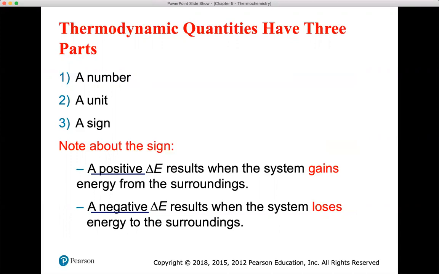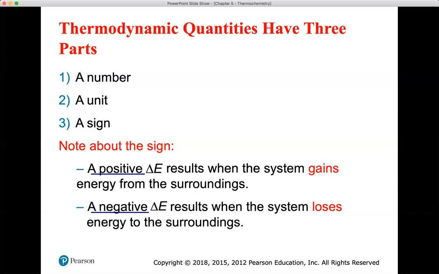In this case, so far, what we have looked at is internal energy. That is what is meant by thermodynamic terms or quantities. It is a thermodynamic term. What does positive mean? Positive means the system gains energy from the surroundings, and that is endothermic, an endothermic reaction.